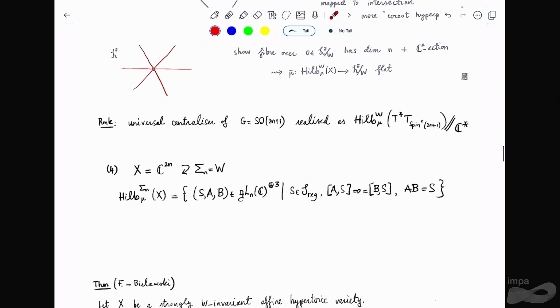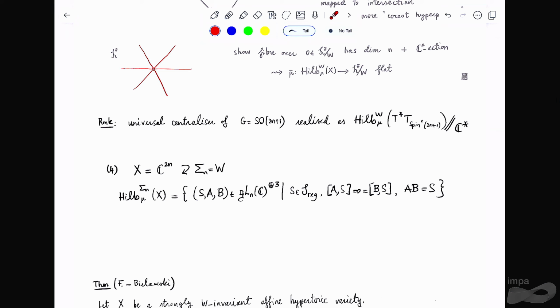Okay, and then a final example: if you take just C^2n as a hypertoric variety acted on in the standard way by the symmetric group that permutes the coordinates, then this transverse Hilbert scheme has a very explicit description in terms of matrices.